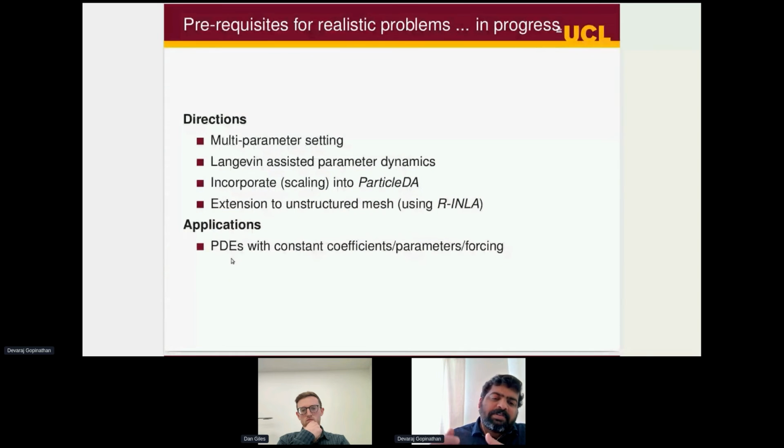But we have also incorporated Langevin-assisted parameter dynamics, in which the evolution of the parameter is not along a Brownian motion, but along an energy surface, and the movement is controlled by Langevin dynamics. So this is still in the works, and we expect to finish it so that it can be incorporated into particle DA. So the applications are PDEs with constant coefficients, constant parameters, or constant forcing. We're still working on if there are variable coefficients or if the forcing changes with time.